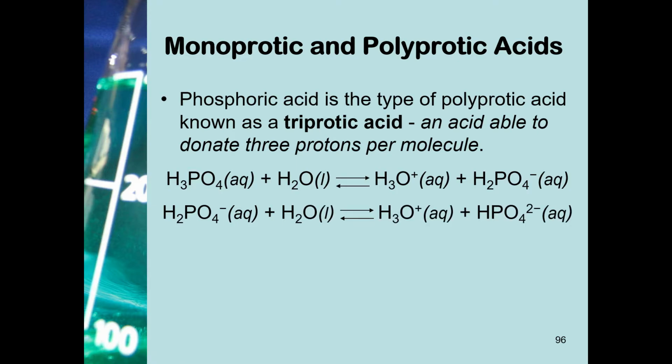In the second stage, this particular ion right here, H2PO4 negative 1, is going to ionize and form some more hydronium ions, and then it's going to convert to this hydrogen phosphate polyatomic ion.